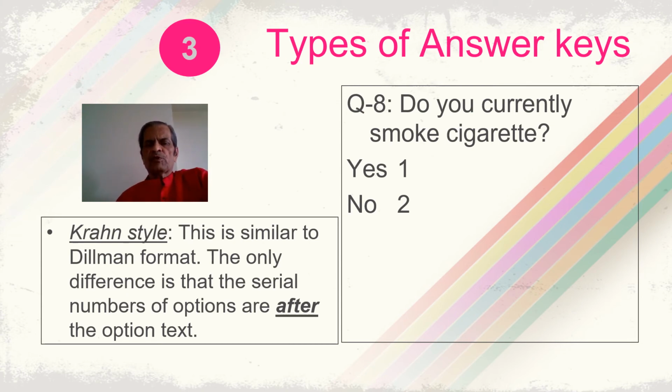For yes, the code 1 appears after yes, and for no, the code 2 appears after no. And here also the respondent has to encircle the response to show that it is the selected response for that specific question.